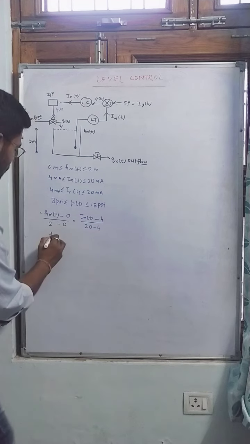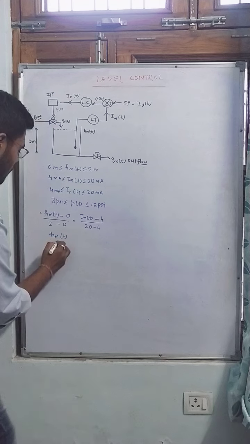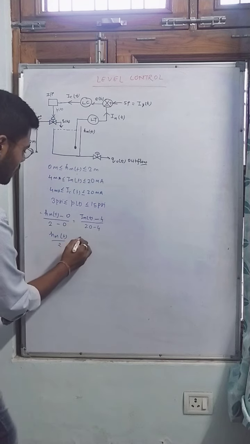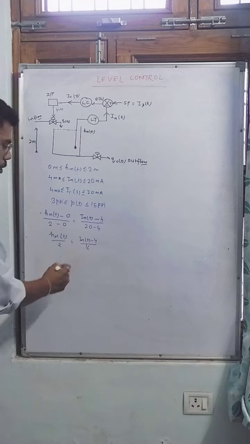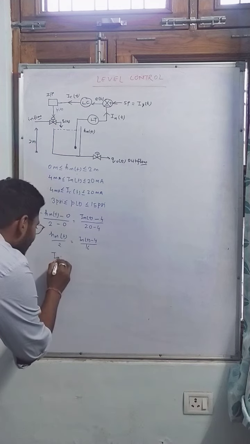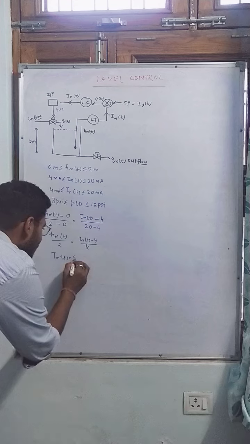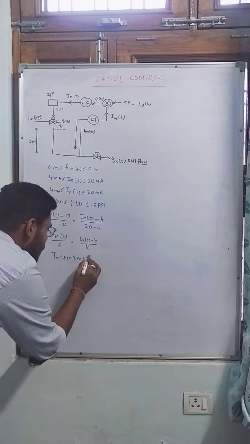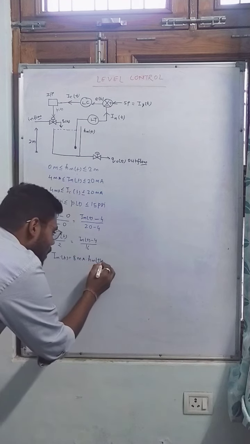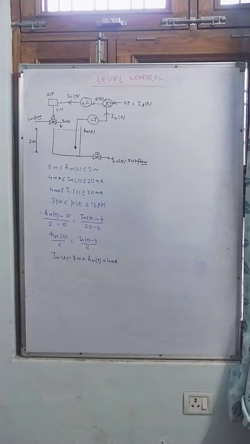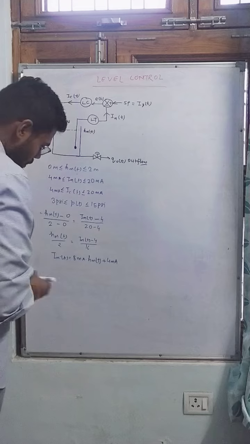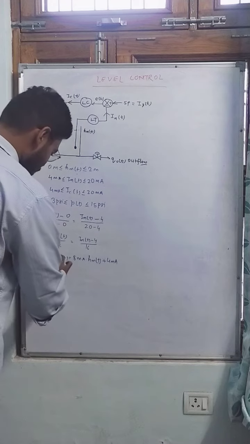So this will give IMT minus 4 by 16. So from here IMT is 8 milliampere into HMT plus 4 milliampere. Simple algebraic expression, nothing rocket science.